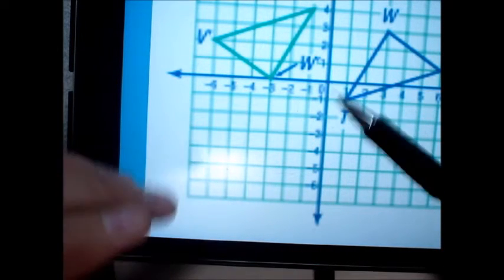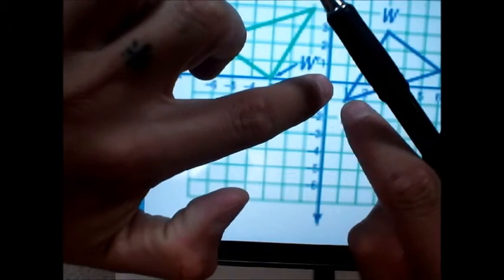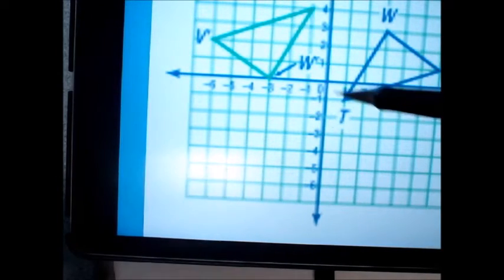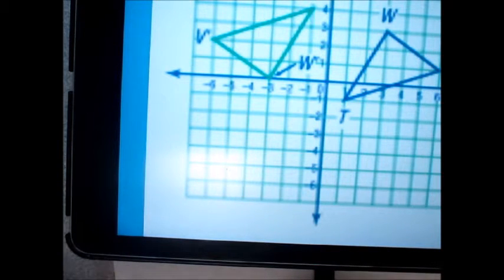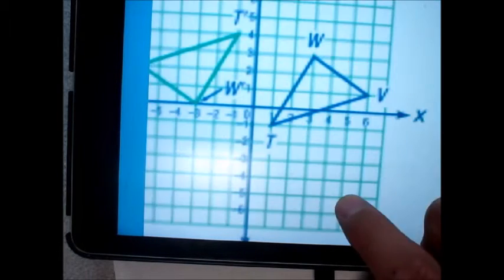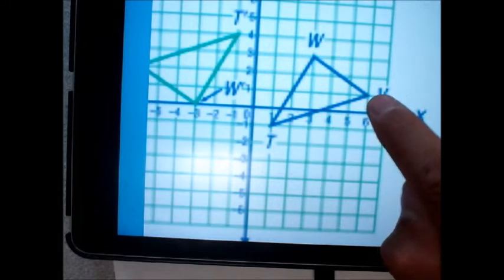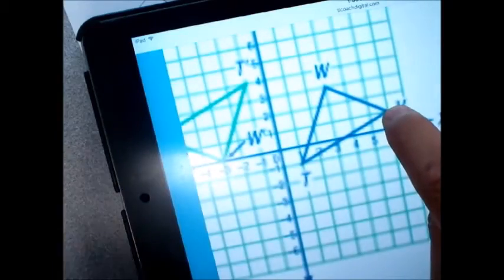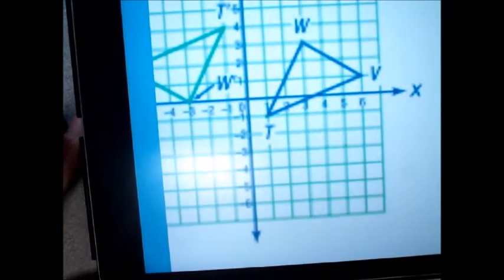Was it rotated from the origin? Because if it was rotated from the origin, T would only stay approximately 1 unit away, just a little over a unit away from the origin. So it couldn't be there, right? Say that again. V? You say it was rotated about V? So if it was rotated about V, this would be where it's rotating, then it would just kind of circle around it, right? That doesn't work.